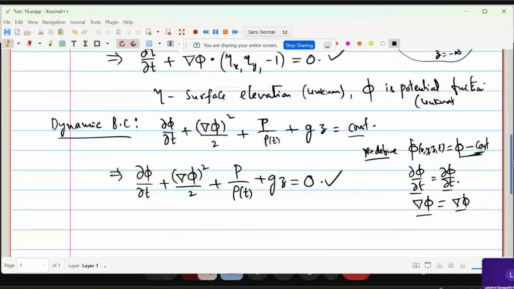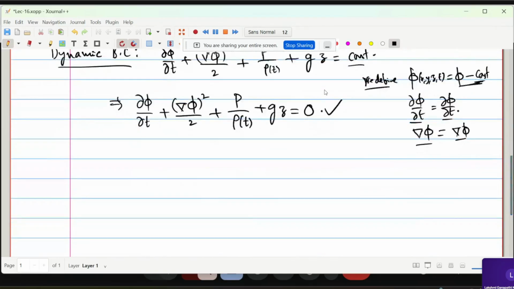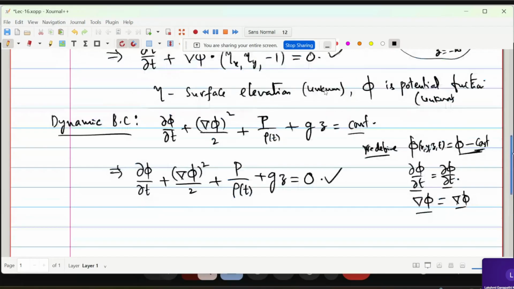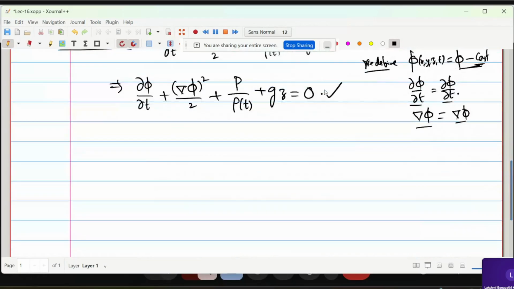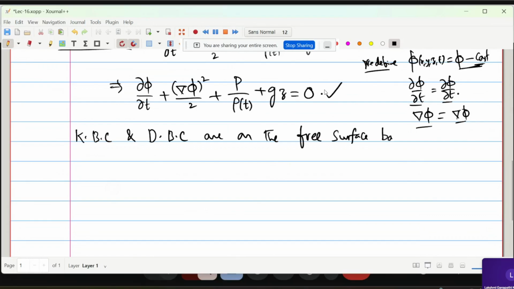So on the remaining boundary, this is a free surface boundary. Okay. So these are the two conditions on the free surface, both the kinematic boundary condition and the dynamic boundary condition, on the free surface boundary.